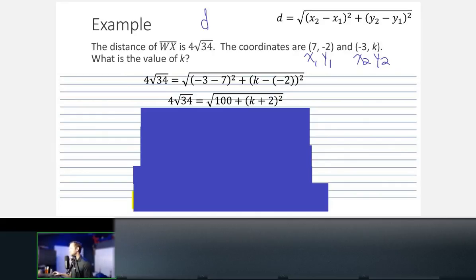And I really want to see what you got. All right, so everyone should have got 544. When you square the left side, you should have got 544.